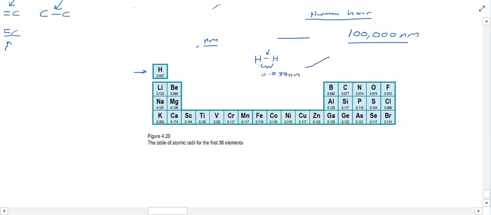Compared to the width of a human hair, it gives you an idea of how small these radiuses actually are. Now, we can notice that there are some particular trends in relation to the atomic radius. Here we have some of the elements, some of the group 1 elements.